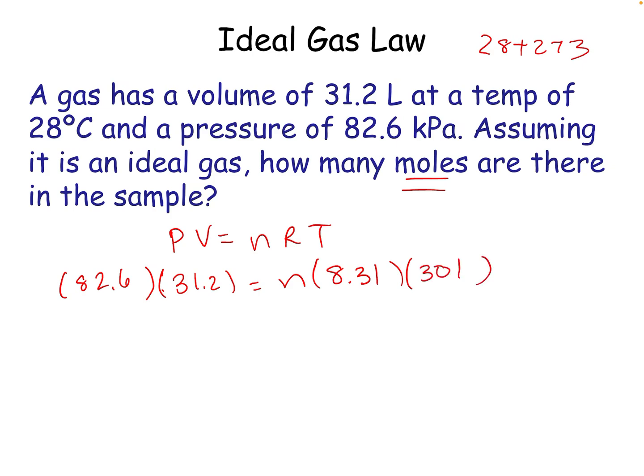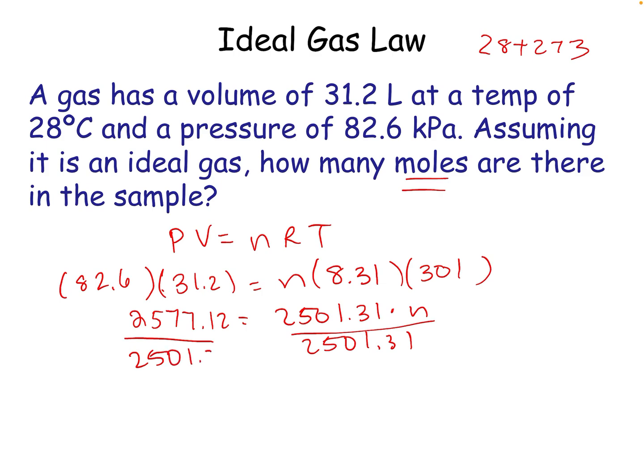Okay, so let's do some math here. I'm going to do 82.6 times 31.2 and get 2577.12. Then 8.31 times 301 is 2501.31, times n. Divide both sides by this quantity.